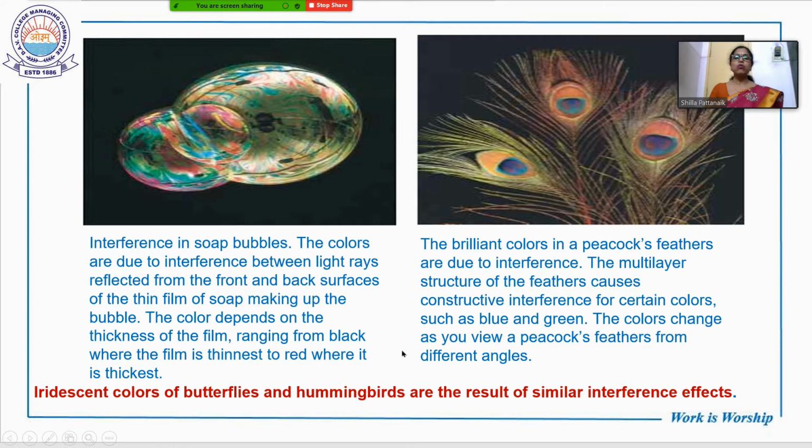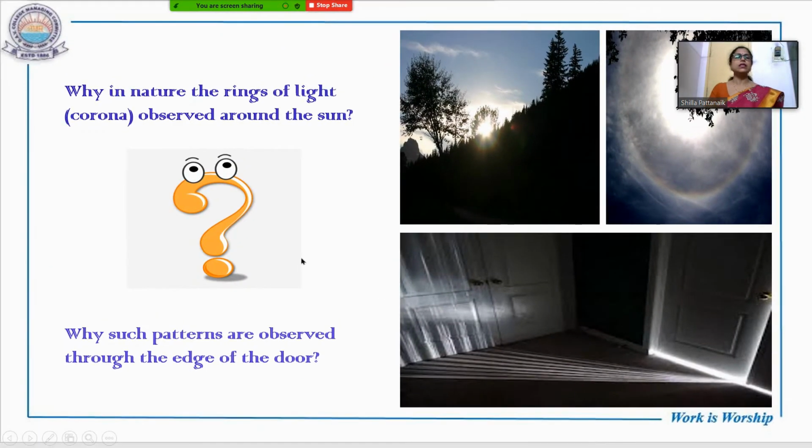Now I am showing you some more pictures. Can you see the rings around the sun here? These are called the corona rings around the sun. Here in the picture below, you can see a narrow beam of light coming through a very narrow opening in the door. It's a dark room, so there should be only one patch of light.